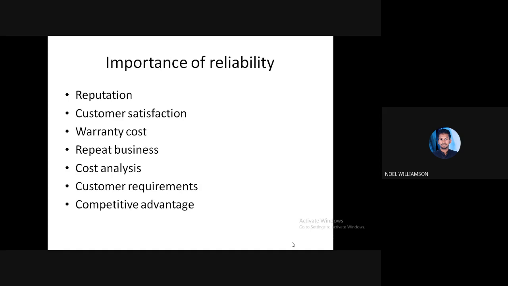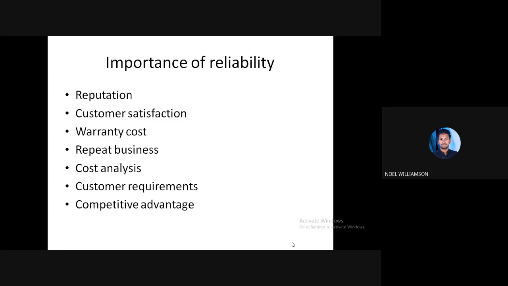In that case, if any product fails within the warranty period, then the product is to be replaced, or it should undergo repair.